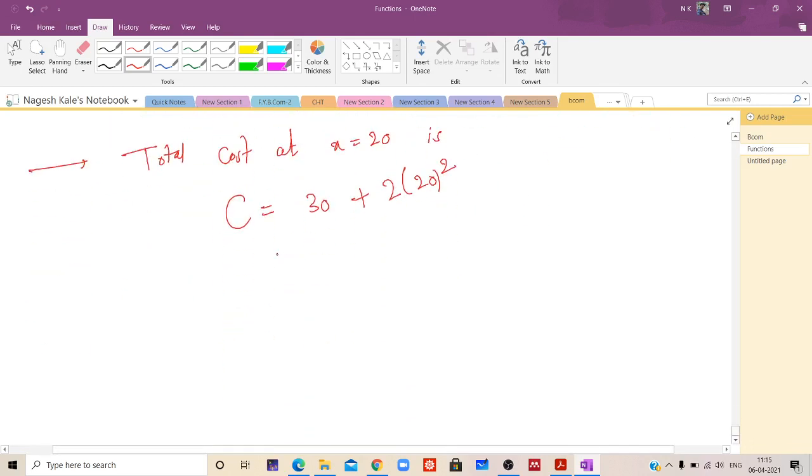So 30 plus 2 into 20 square. Wherever x is, I put 20. So 30 plus 2 into 20 square. The square of 20 is 400. So this is 30 plus 800. So the total cost is 830. Total cost is rupees 830.